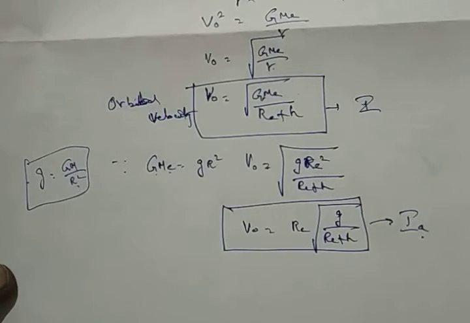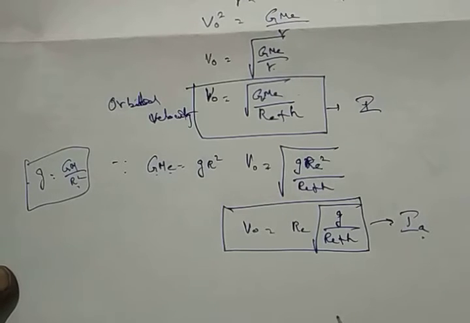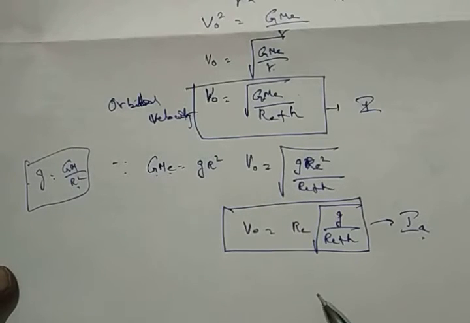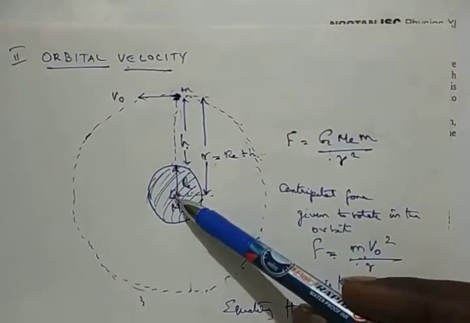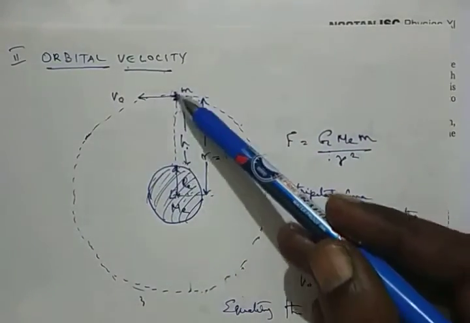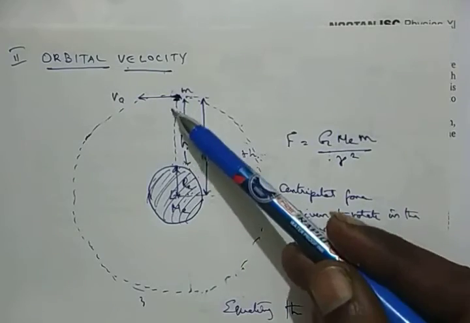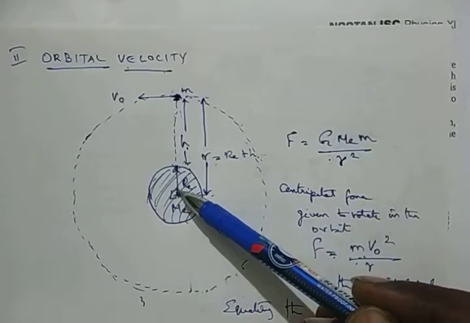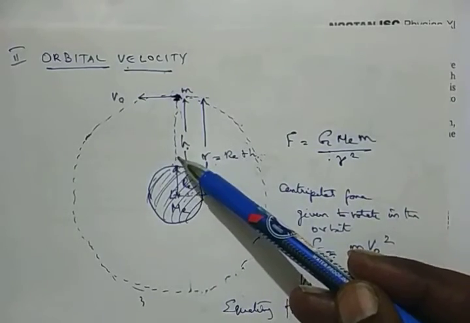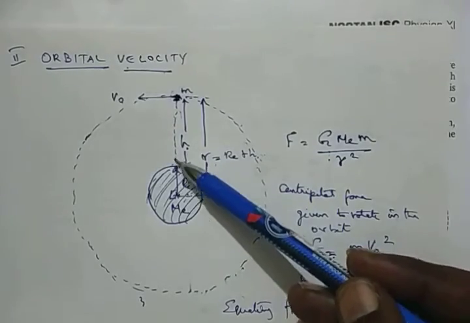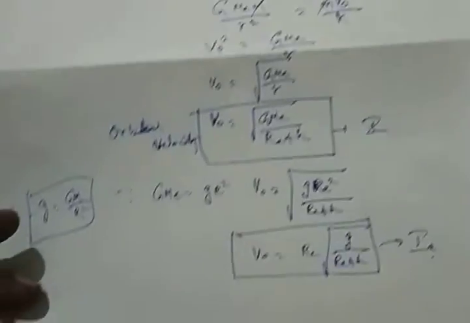Now we can find out the minimum value of the orbital velocity. For example, if this body is already going at a good height, then there is orbital velocity. What if it is very close to the surface of the Earth? Let us find out for a satellite which is close to the surface of the Earth.